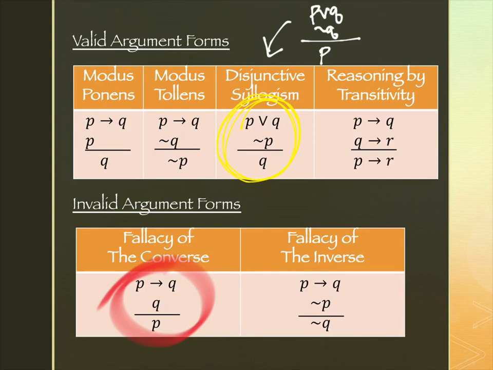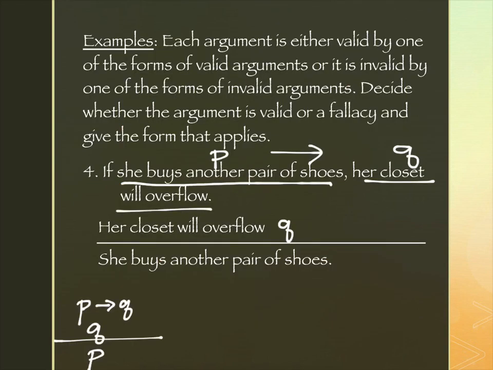But notice, it's very similar to this one right here, which is a valid argument with modus ponens. So you want to be really careful that you get your symbols right and carefully look at what you have. The one circled in red, P arrow Q, Q, P, is a fallacy of the converse. So this one is an invalid argument by fallacy of the converse.